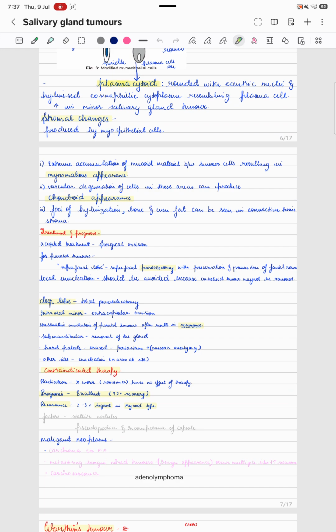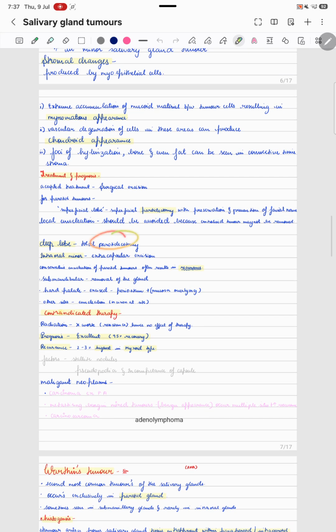Treatment is surgical excision. For parotid tumors, it is superficial lobe parotidectomy with preservation of the facial nerve. Local enucleation should be avoided because the centralized tumor may not be removed. For deep lobe, total parotidectomy.